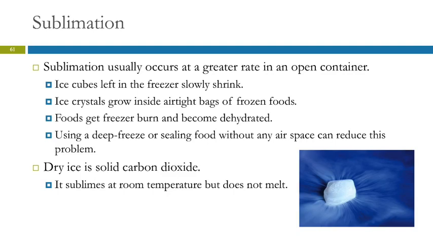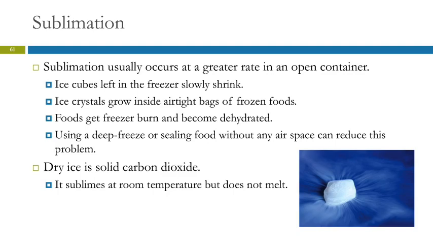So you can prevent that a couple of ways. You can use a deep freeze, which is colder than a regular freezer, because the colder the temperature, the slower the sublimation. Or you can seal the food without any airspace. So you could use a vacuum sealer, or you could wrap the food very tightly in aluminum foil before putting it in a plastic bag, and that will reduce the amount of airspace around it.